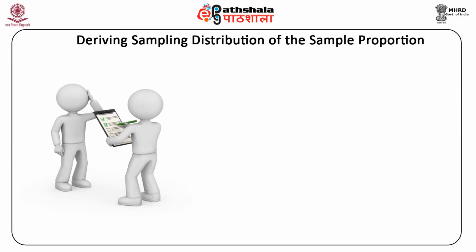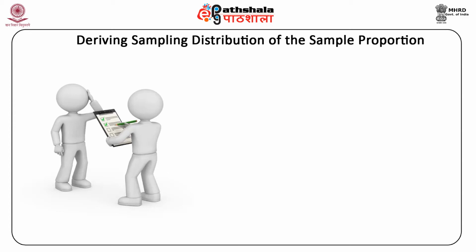For example, the proportion of defective items in a shipment, the mortality rate of a disease, and the proportion of students who graduated from Delhi University, etc. In all such cases, it is reasonable to assume that a binomial population is being sampled, and our objective is to estimate the probability or proportion of successes, that is the binomial parameter P.